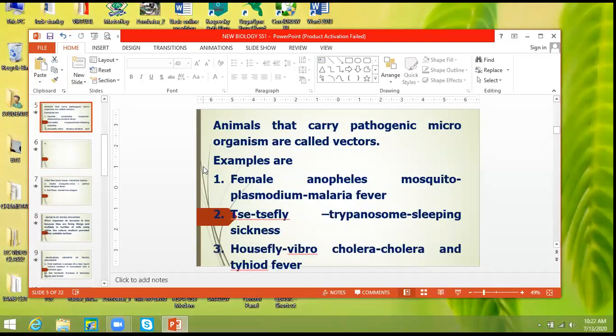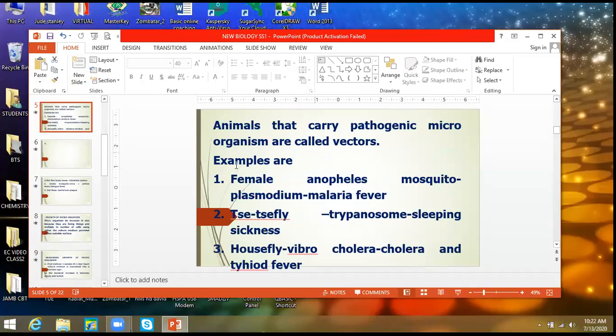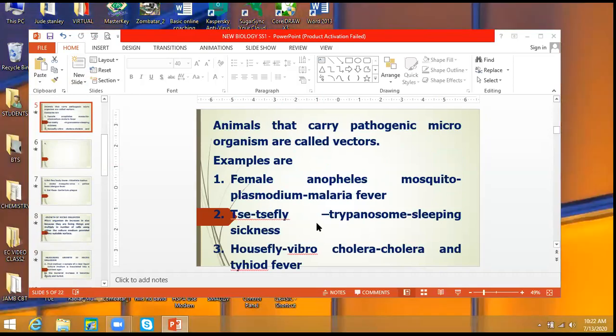I said animals that carry pathogenic microorganisms are called vectors. Example, I've told you what to do: rule a table with three columns. Female Anopheles mosquito, Plasmodium, malaria fever. Then tsetse fly picks trypanosome, the causative organism for sleeping sickness, also called trypanosomiasis.